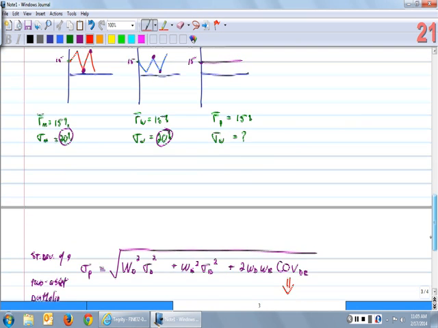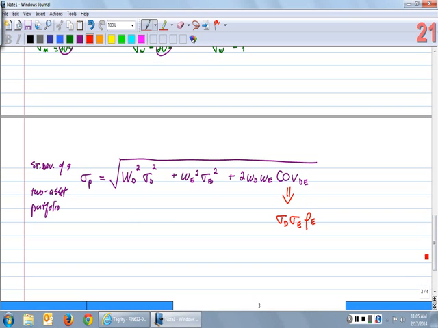So what I've done is I've expanded covariance, and I'm going to rewrite the formula into the form that I most like working with.